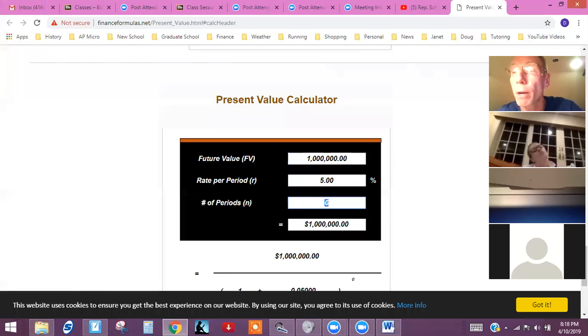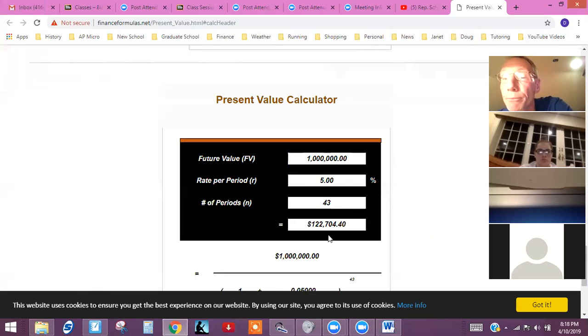So that means you're going to wait about 43 years, right? You could start off with $122,000 and you could earn 5%. And by the time you're 60 years old, you'd have $1 million, right? So the present value of $1 million 43 years from now is $122,000.